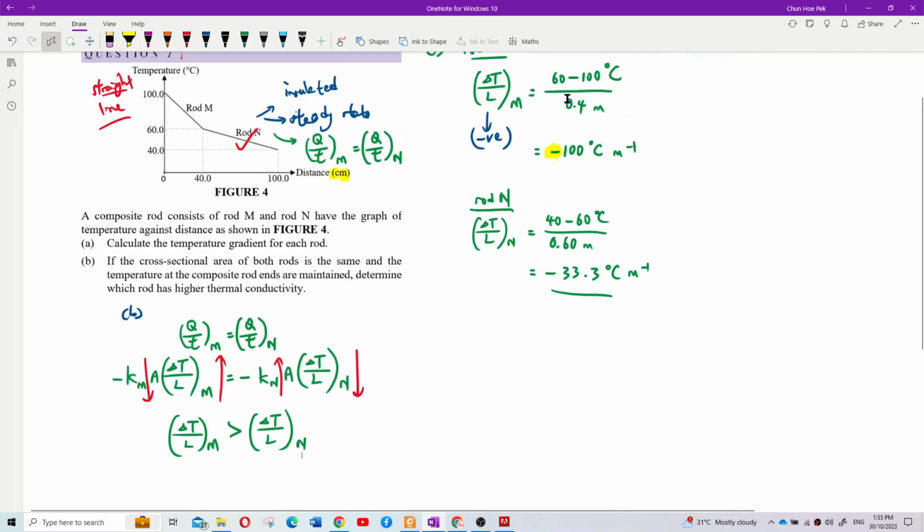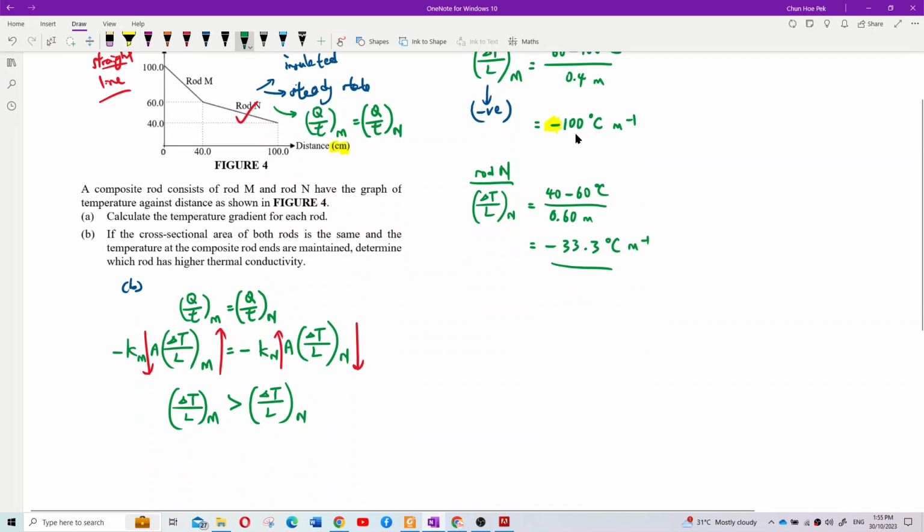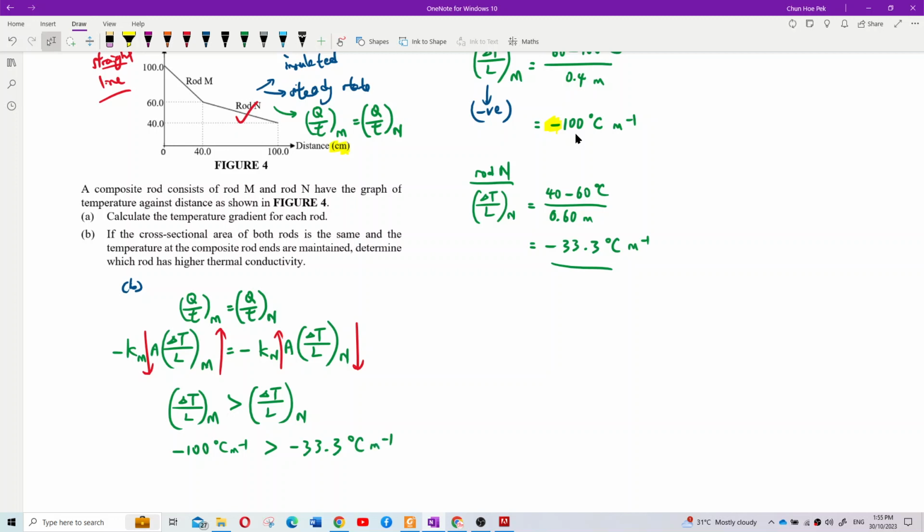Negative 100 degrees Celsius per meter is bigger than negative 33.3. Don't be misled by the negative sign.